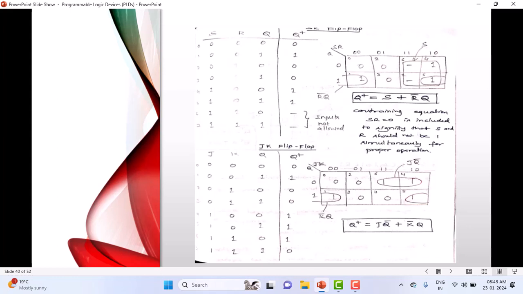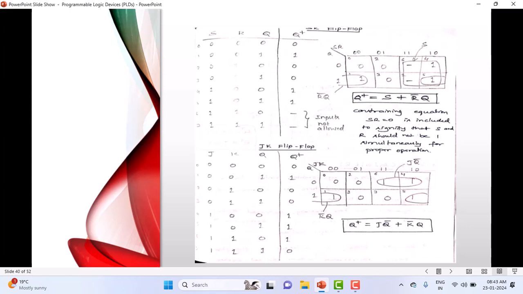Look here: if 0,0 is the input and present state is 0, the next state is also going to be 0. Same input 0,0, but present state is 1, the next state is also going to be 1. I've just copied this to here, that's all. Can we call that Q plus is equal to Q simply? That's what we have done in the truth table. The Q plus will be equal to Q, exactly as we copied here. Hope you understood the first 2 rows.